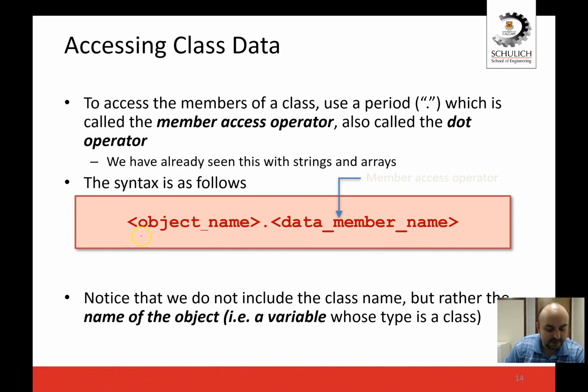To summarize, in order to get access to any data members, you need the object name, not the class name, right? The object name, because there's nothing in class. Class is a type.